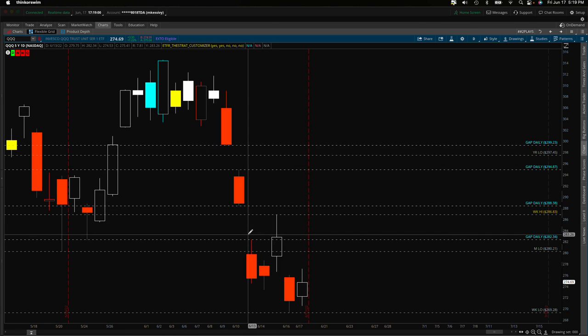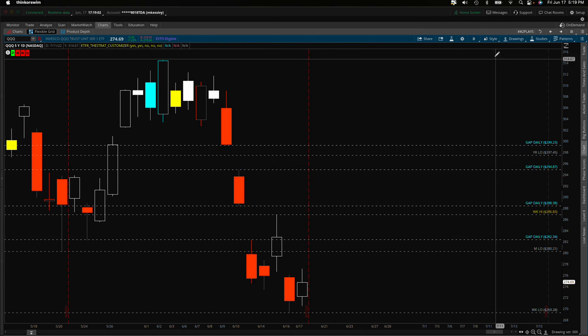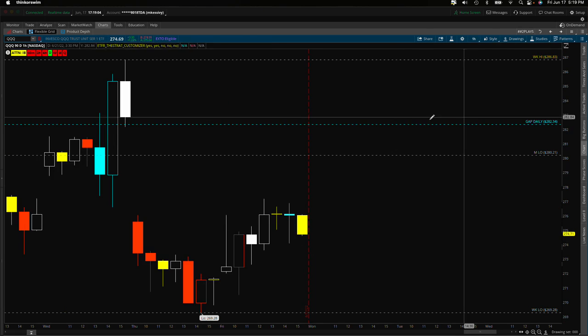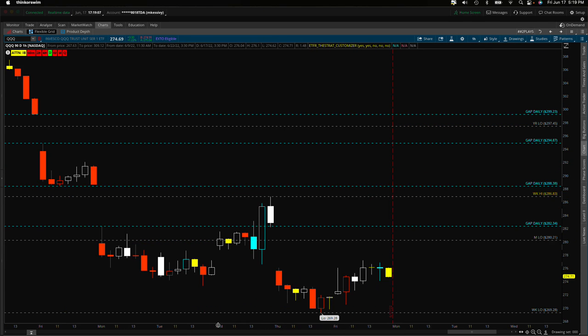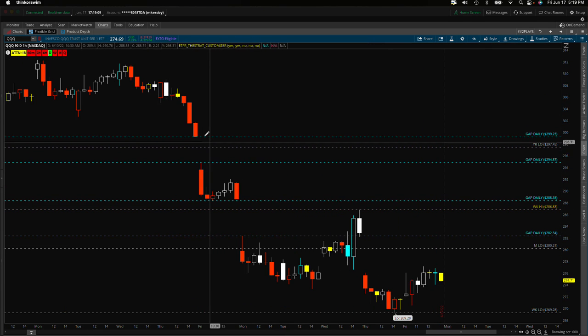We have a gap here. Now we'll get onto the 1-hour chart. Same gap from the daily. Same gap from the daily. We have a small gap here. And then we have a gap here that also includes this gap.